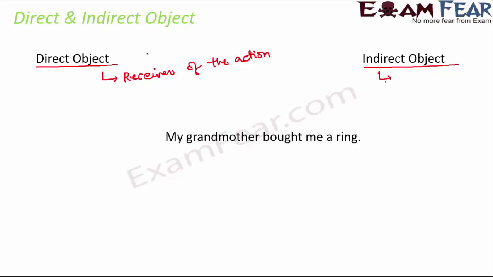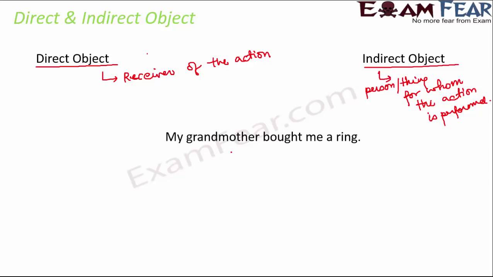So indirect object is basically the person or thing for whom the action is performed. So I think with these two descriptions of direct and indirect object, most of the things are already clear. So direct object means receiver of the action, indirect object for whom that action has been performed, and subject is the doer of the action.